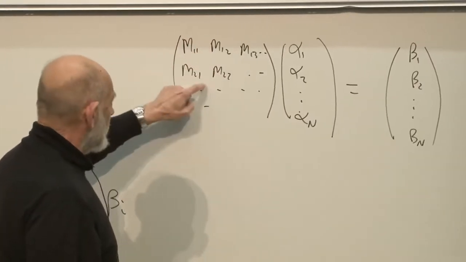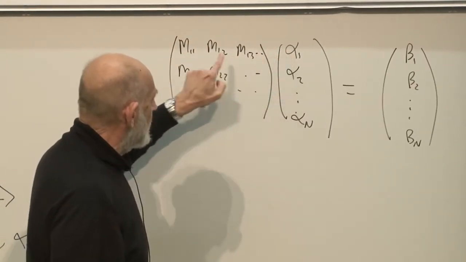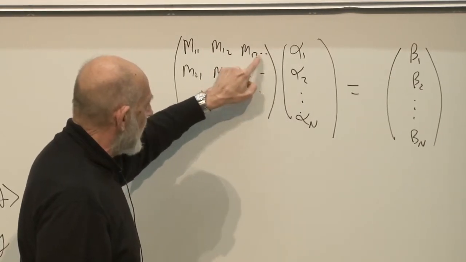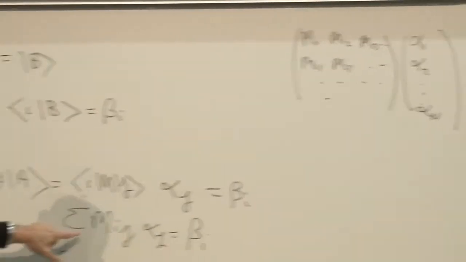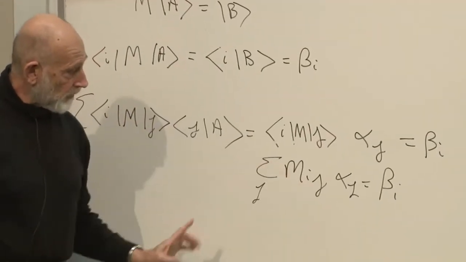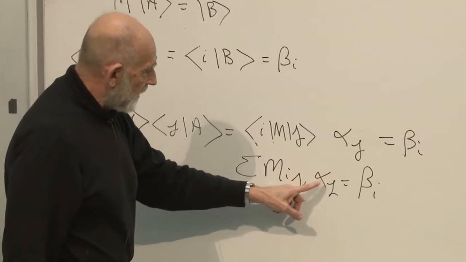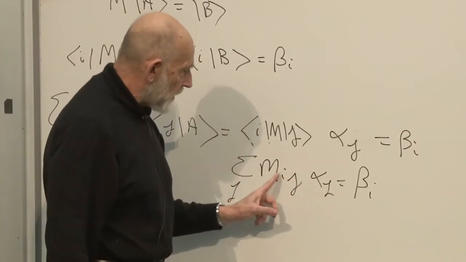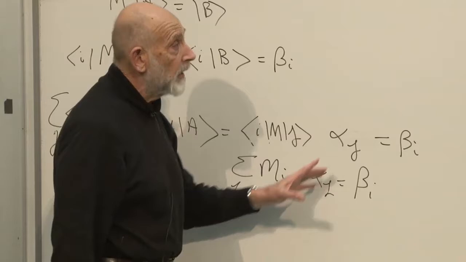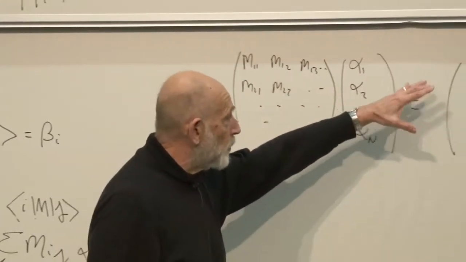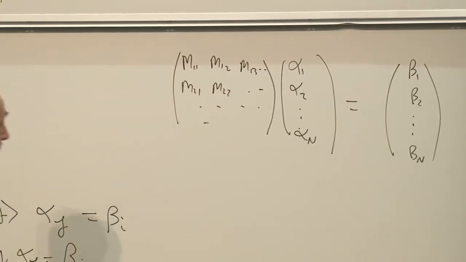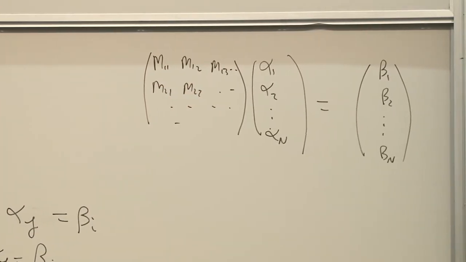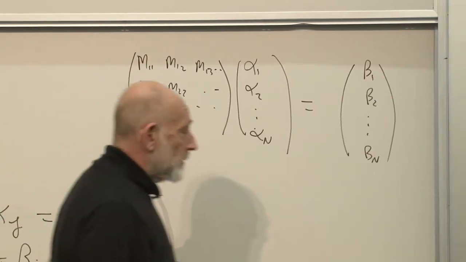M11 alpha 1 plus M12 alpha 2 plus M13 alpha 3, right down to the bottom. That's exactly this formula. M11 alpha 1 plus M12 alpha 2 and so forth is exactly the standard rule for multiplying a matrix by a column vector. All right, so now we have a third way to represent the action of a matrix on a vector.